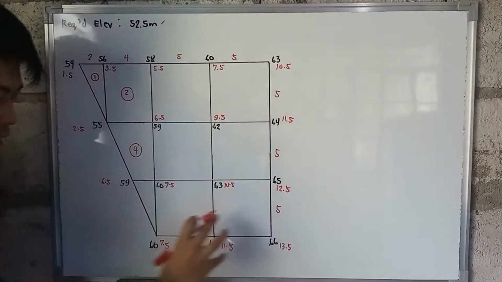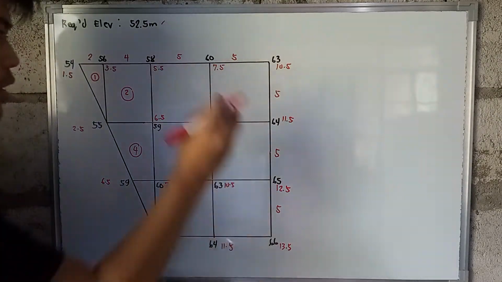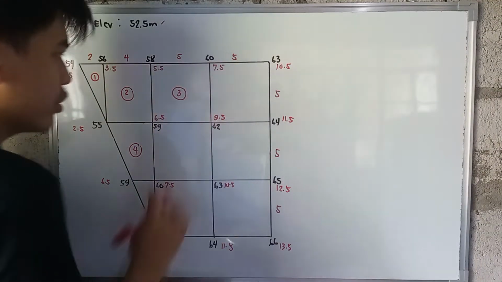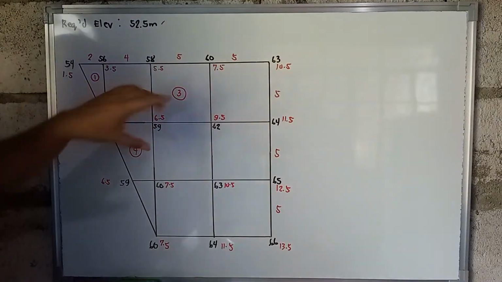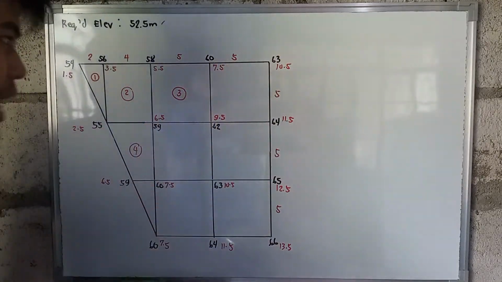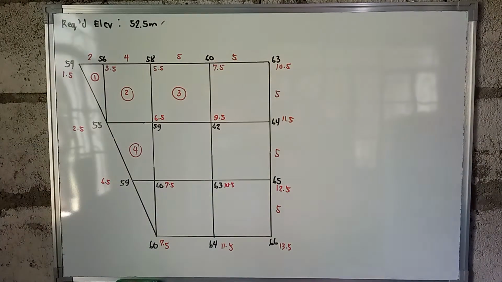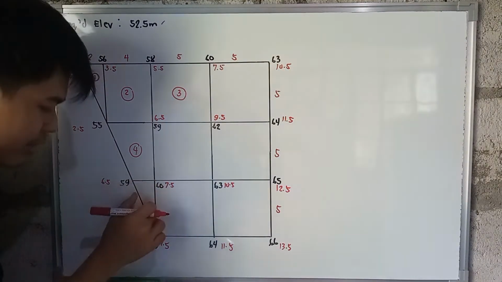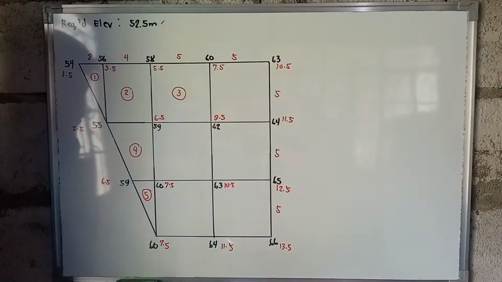Tapos, etong assembly of prisms, when we say assembly grupo, since parehas silang 5 by 5, that will be volume 3. 1, 2, 3, 4, 5, 6. So, yun yung volume 3 natin. Yung buong 6 na prism natin na parehas na may dimension ng base nila na 5 by 5. Next is yung triangular part of our lot na volume 5.